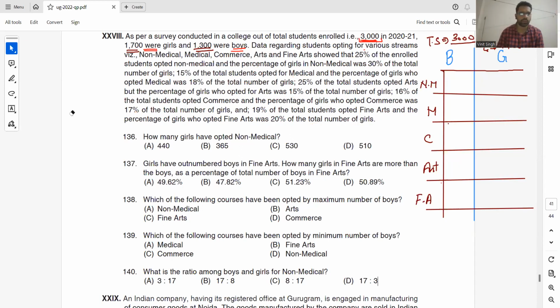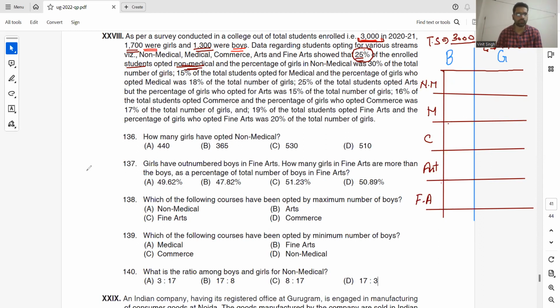Now, we will start. 25% of the enrolled students opt for non-medical. So 25% of what? 25% of 3,000. They are asking for the total number of students. So the total number of students is 3,000 and 25% opt for non-medical.